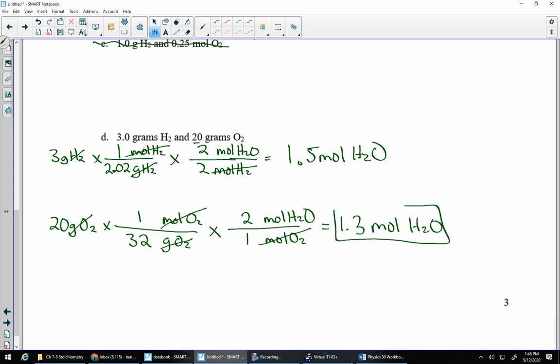So if this chemical reaction was actually happening, where I took 3 grams of hydrogen and 20 grams of oxygen, my hydrogen is going to be my excess, and my oxygen is going to be my limiting reagent, because it's going to make less. And this is how much water we would actually make. So it's whichever one makes less product. Cool, okay, so still not exactly the hardest question.